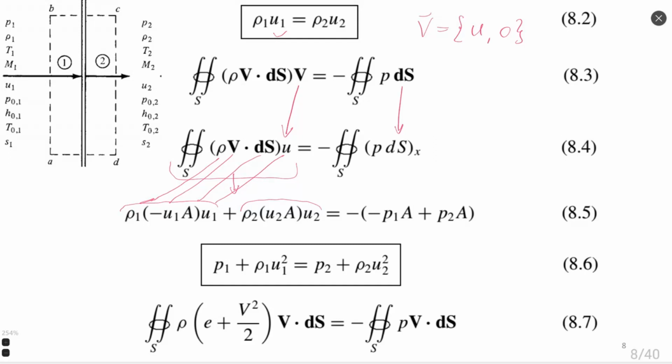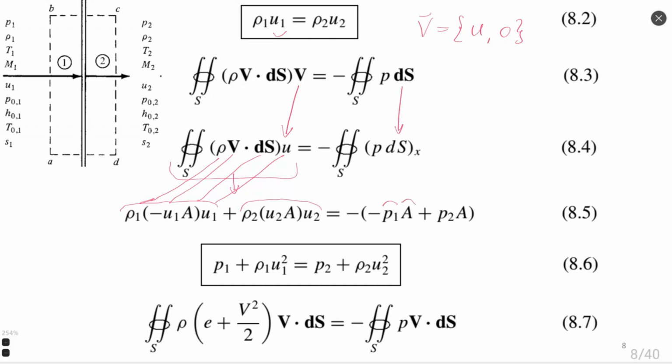The right side of equation 4 can be represented in its algebraic form the same way as the left side. We write the integral of pressure over the area just as the product of pressure and area.